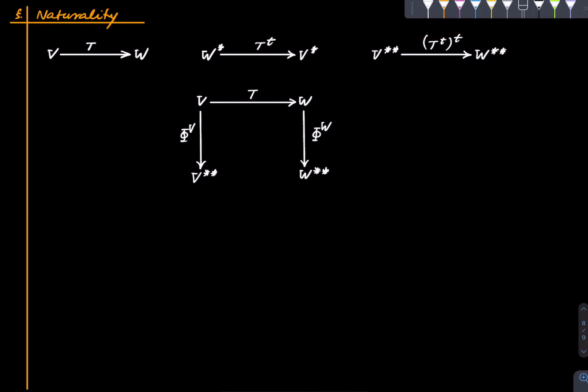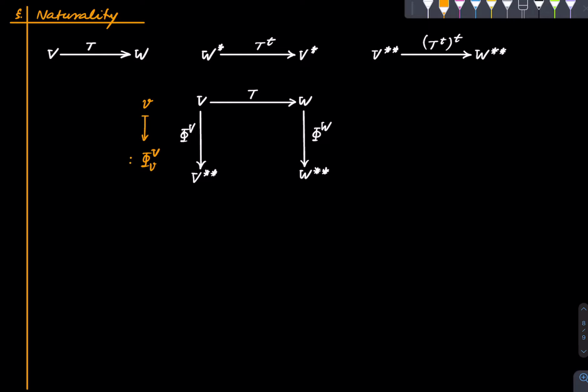Okay. Now, forget about that guy for the moment. We have a linear map T from V to W, and we have these natural identifications. What these do, I'm sure you remember, is this takes V to what we notate as that.